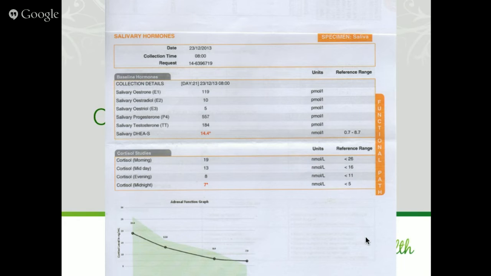So this woman has had a history of being fatigued, and has had a history of not being able to sleep, preferring to go to sleep about midnight. And she's also had some hormone issues that we've looked after before as well.